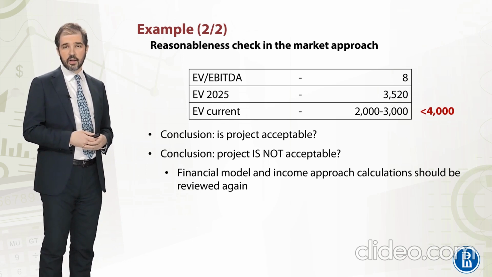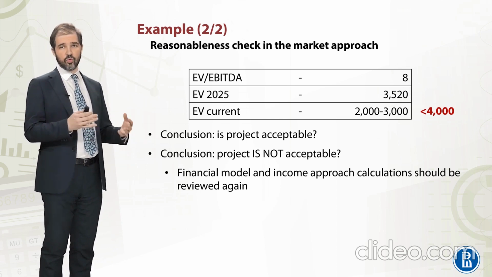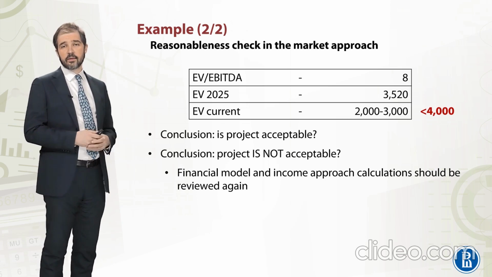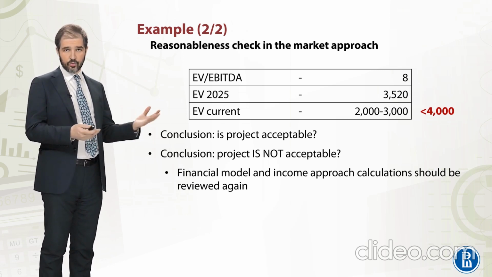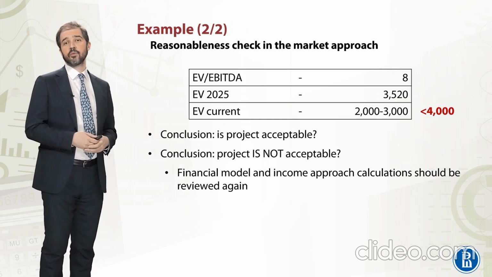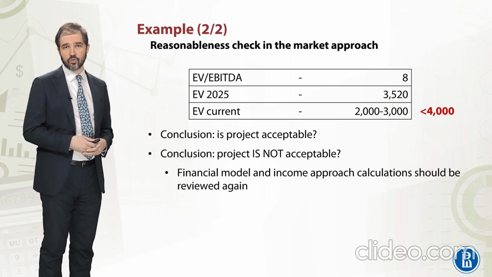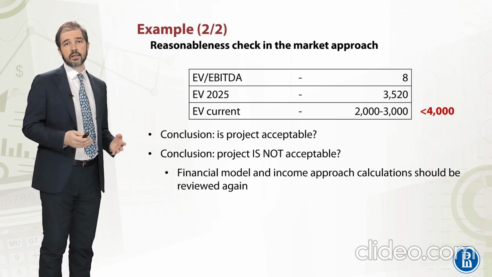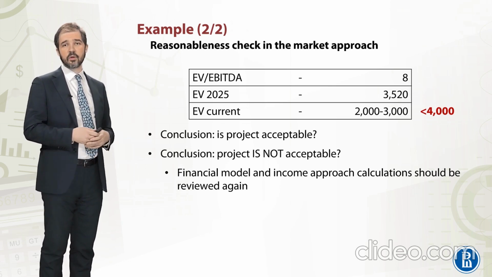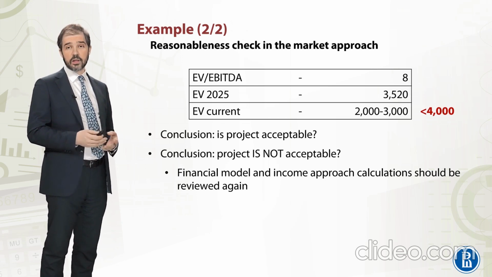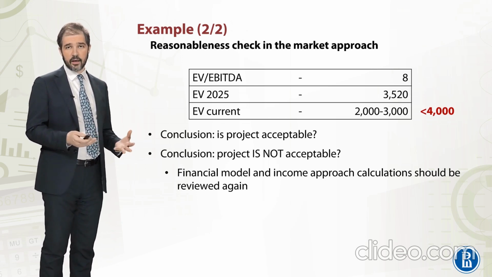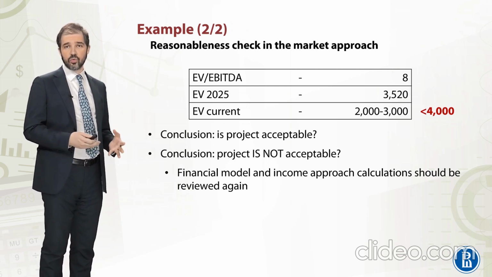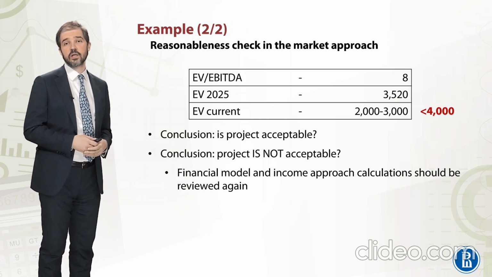Now we may compare this current value, a range of 2 to 3, very approximate, I agree, with the amount of capex that they plan to spend. We have seen on the previous slide that they plan to spend 4 billion rubles on capital expenses for this project. So we ask ourselves, is this project acceptable? Probably, looking at this, it's not acceptable. And we need to understand why the company, the current initiators of this project, want to do this. And there could be different reasons.